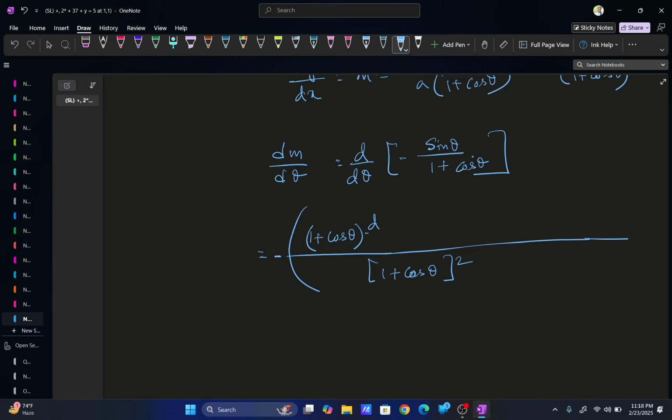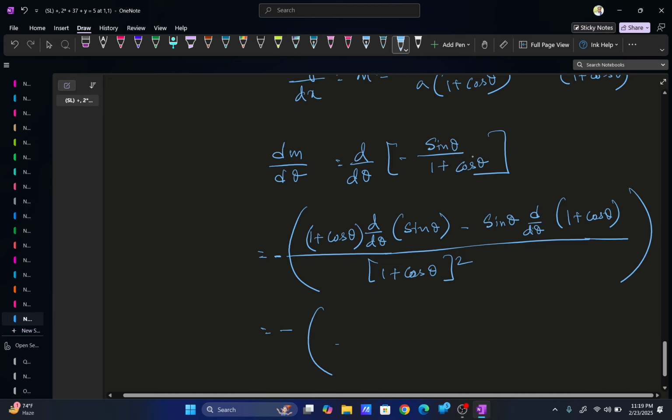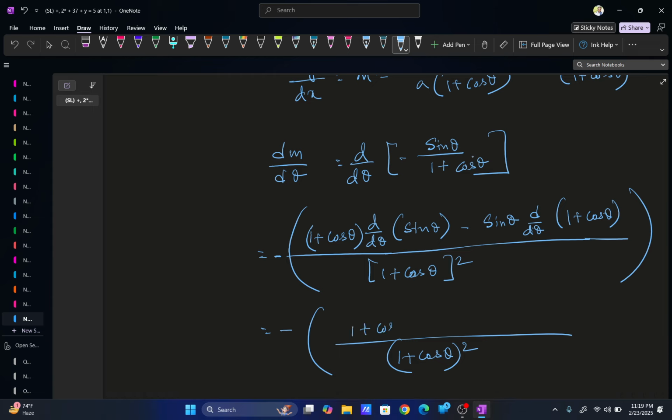cos theta d theta by sin theta, sin theta dy d theta by 1 plus cos theta. 1 plus cos theta square, 1 plus cos theta minus sin theta into minus sin theta.